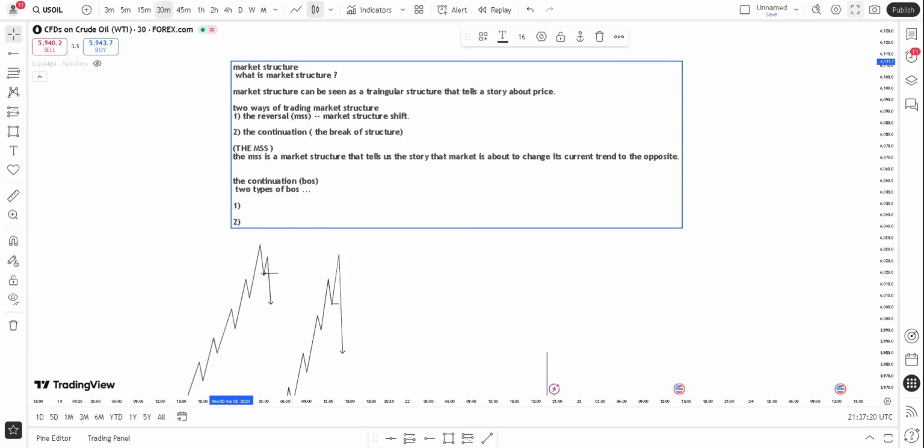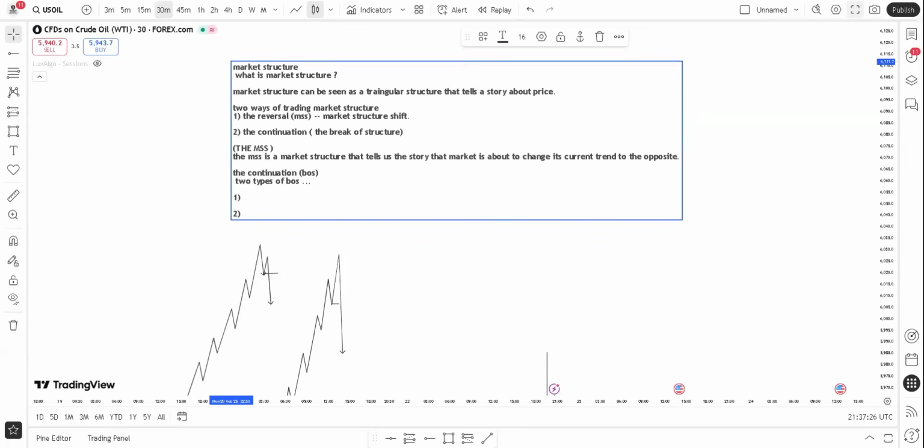You are wrong, sir. We have the singular break of structure, and a double break of structure. Very good. The singular break of structure, right? Now, what does this structure simply talk about?